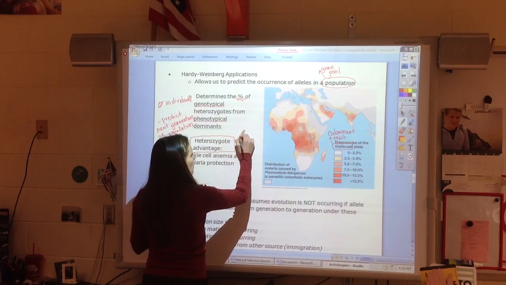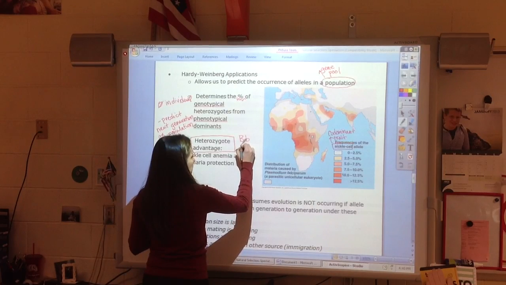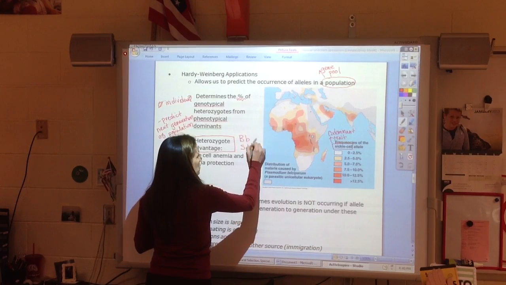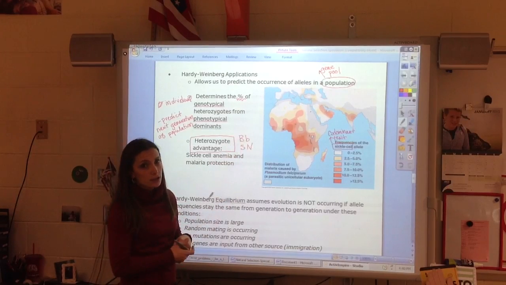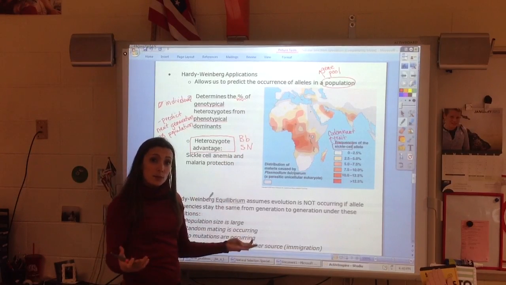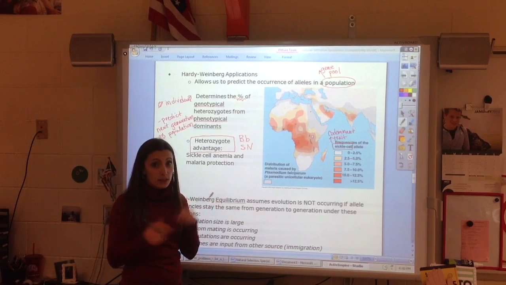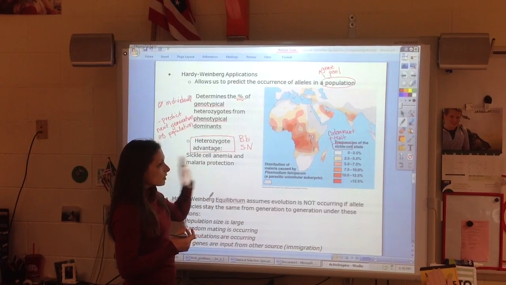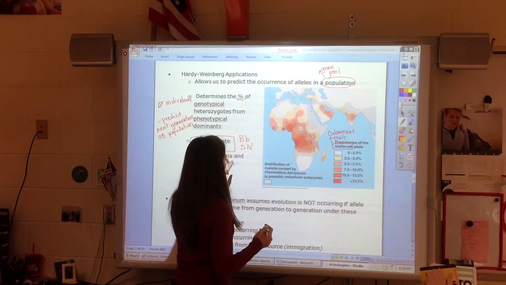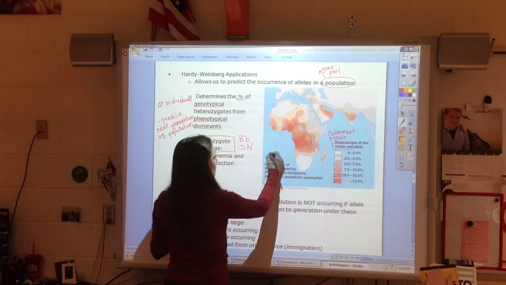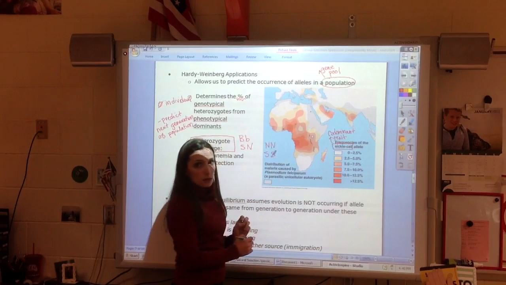Heterozygotes, remember, are things like big B, little b, or sickle and normal. This one being a codominant, this being dominant and recessive. When we looked at the problem in the textbook of what happened if all the white cats died, if all the recessives died. So a really good example is if we look at this gene and we have sickle normal, we would also have normal, normal, we also have sickle, sickle.